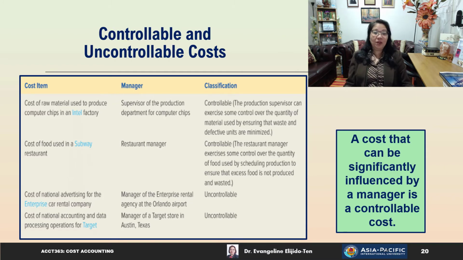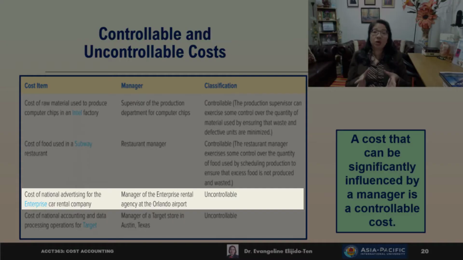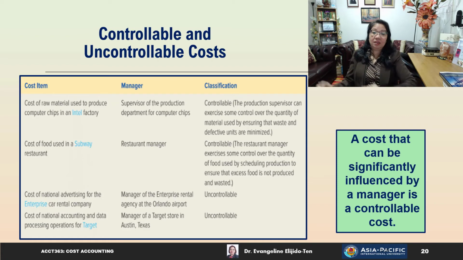Let's look at the third example. What about the cost of national advertising for the Enterprise car rental company? Who is the responsible manager? The manager of the rental agency, for example, in one location, say at the Orlando airport. Can the manager control the national cost of advertising?